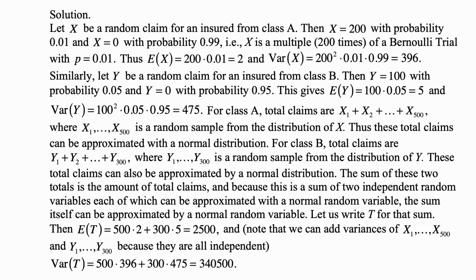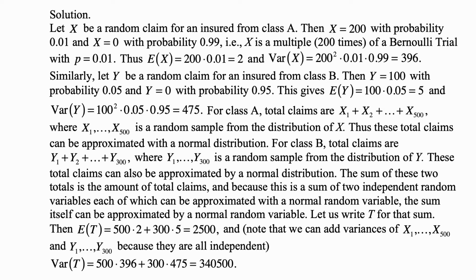For Class B, total claims are Y1 plus Y2 through Y300, where Y1 through Y300 is a random sample from the distribution of Y. These total claims can also be approximated by a normal distribution. The sum of these two totals is the amount of total claims, and because this is a sum of two independent random variables, each of which can be approximated with a normal random variable, the sum itself can be approximated by a normal random variable.